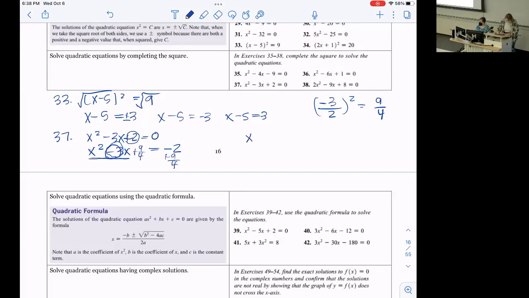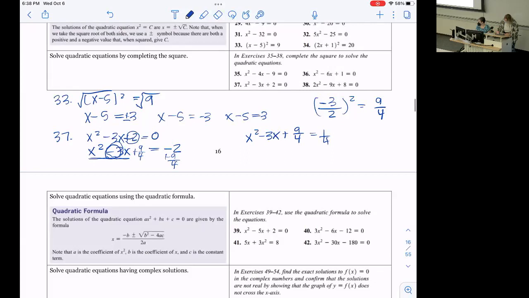So then we're going to move over here, and we'll have x squared minus 3x plus 9/4 equals, and then -2 plus 9/4, which is 1/4. Thank you.